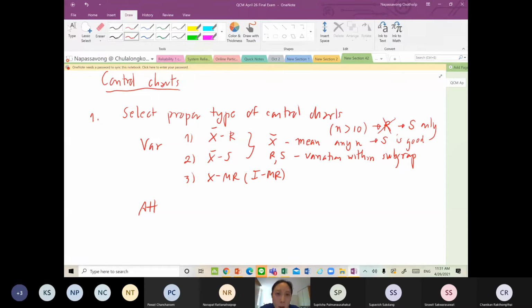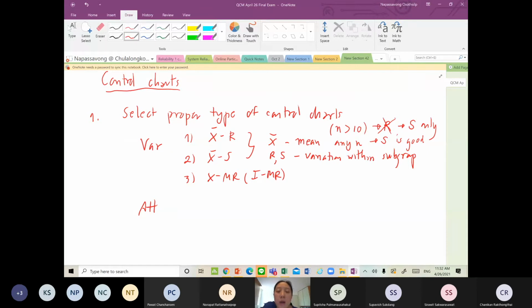Right now we use computer software, so calculating S or R is equal in terms of difficulty. But many years ago, when computers were not common, they had to calculate manually, so calculating R was much easier than calculating S. That's why in the past people used R charts instead of S. Today, using S is better in terms of the quality of information we obtain, and the calculation is not that difficult anymore.